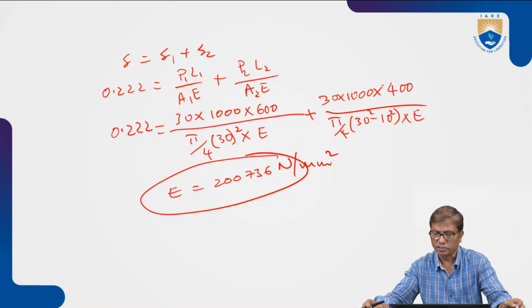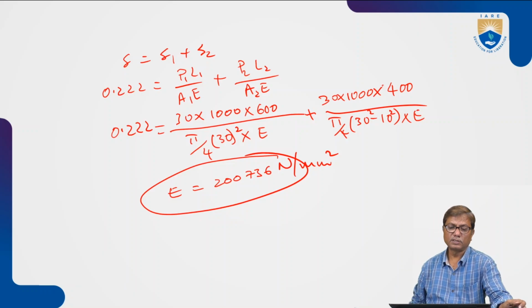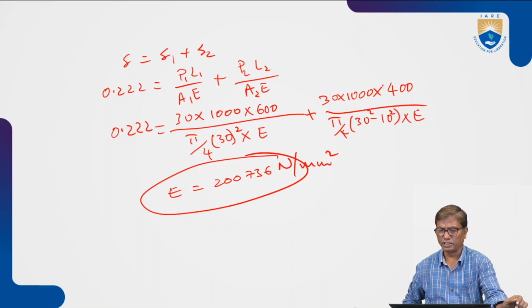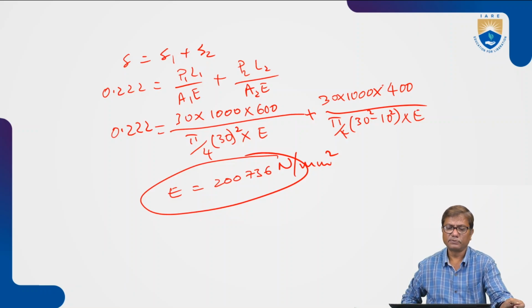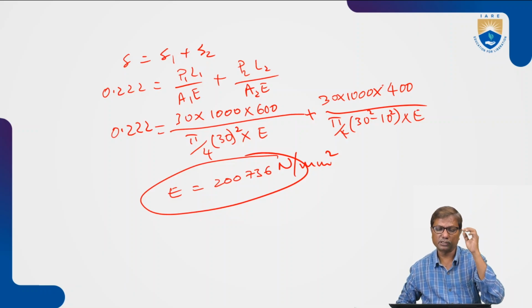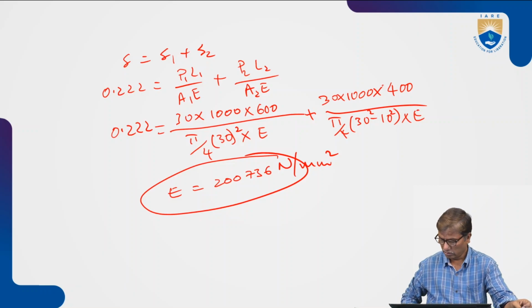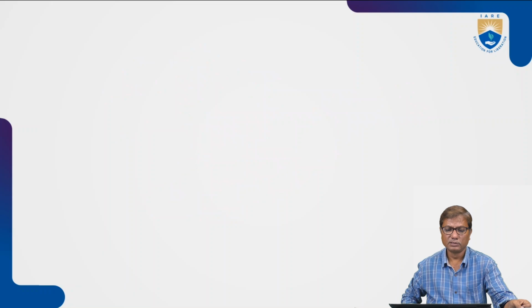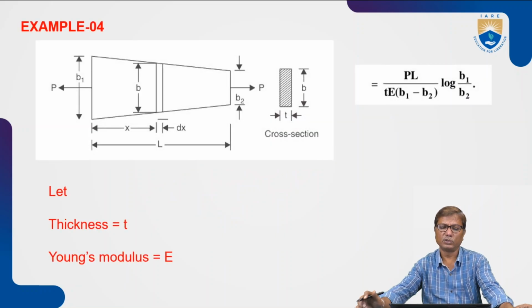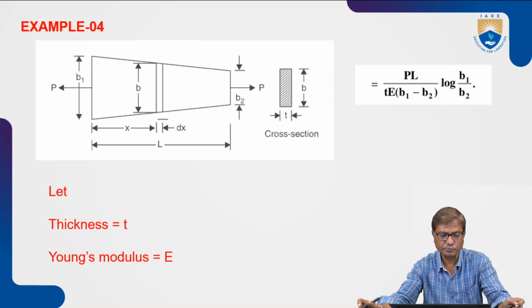On simple stresses, let us see one more example: the example of a tapering cross section, a tapering bar. The cross section is uniformly varying.